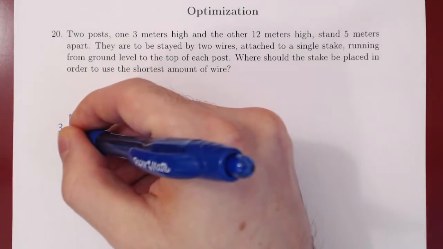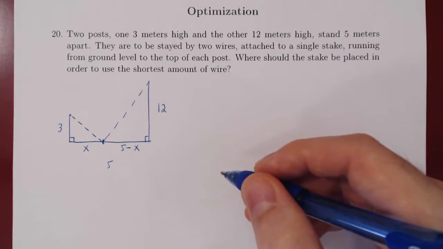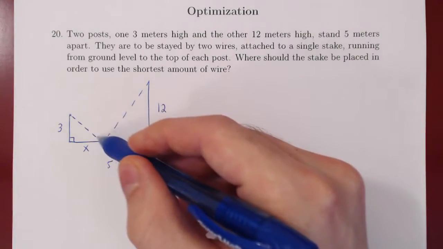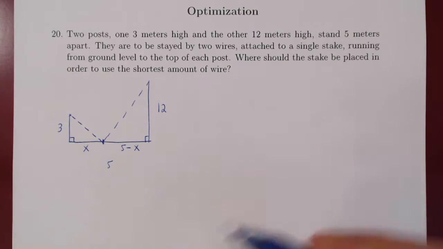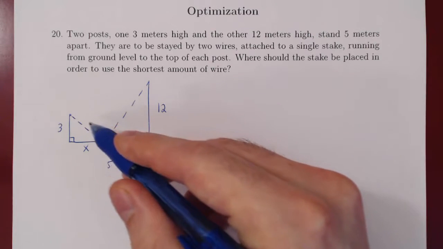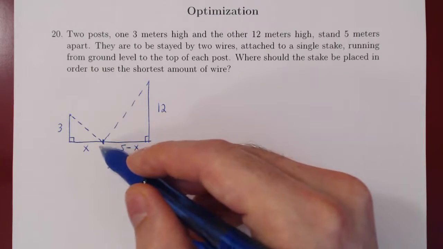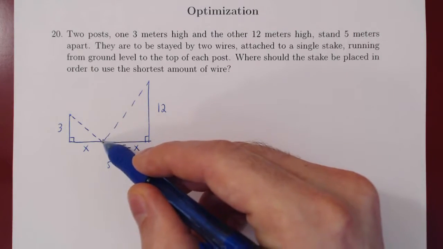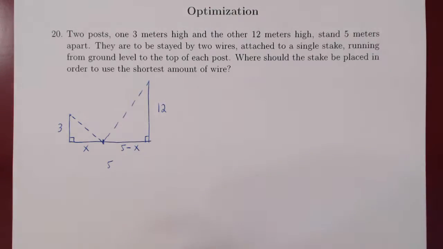Well, if you notice, we have two right triangles. And the function is the length of this plus the length of this, the total length of wire used. You notice that the length of this piece of wire is just the hypotenuse of the smaller right triangle. The length of this piece of wire is the hypotenuse of this larger right triangle.